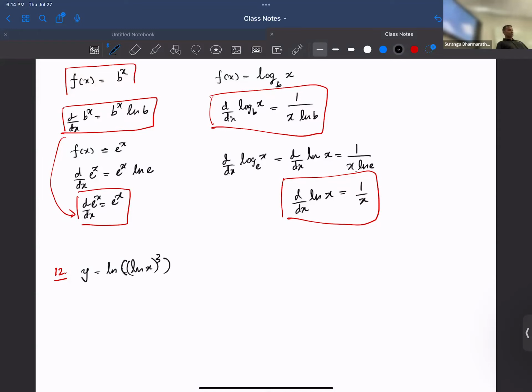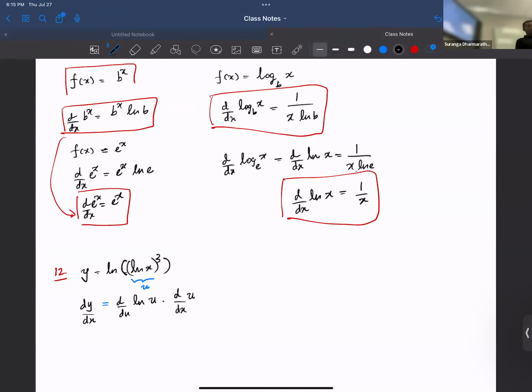Now we can use the chain rule here, putting this as u, and I can write dy over dx equals d over du natural log of u times d over dx u.